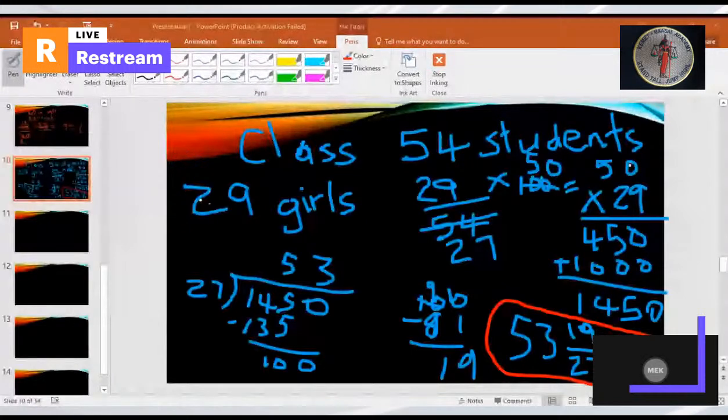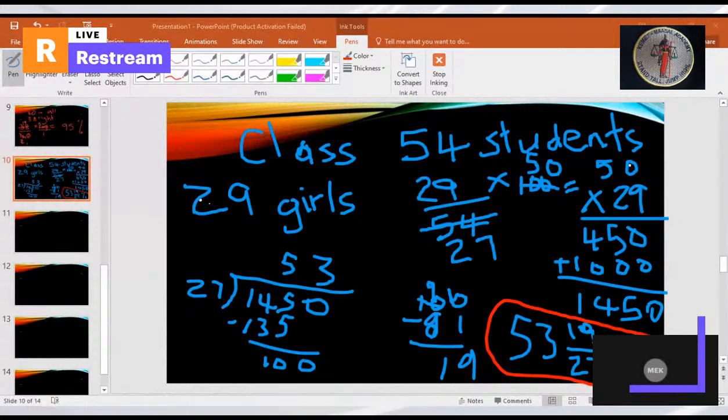We got 1,450, and with 27, which was in the denominator, we ended up with 53 with a remainder of 19, and 19 over 27%. Because remember, we are expressing as percent.